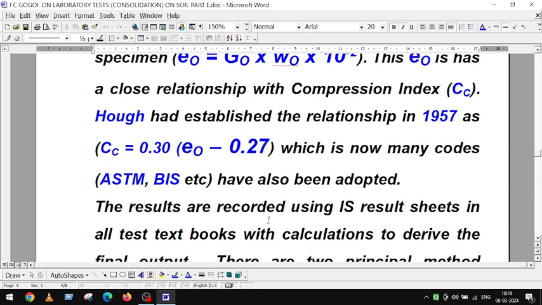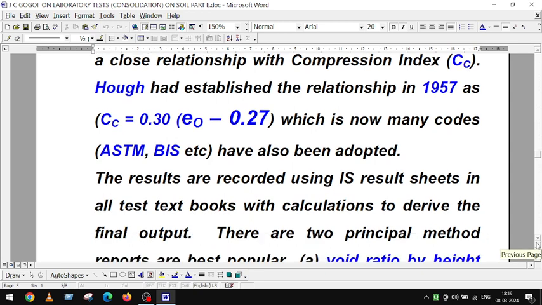The results are recorded using IS result sheets. In this result sheet, all textbooks are available to derive the final output.